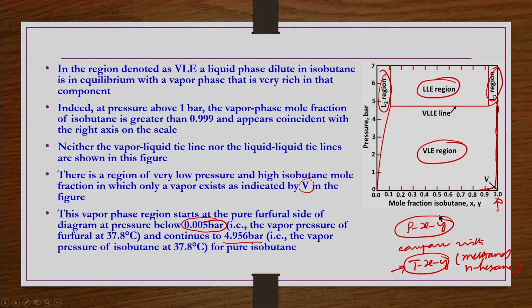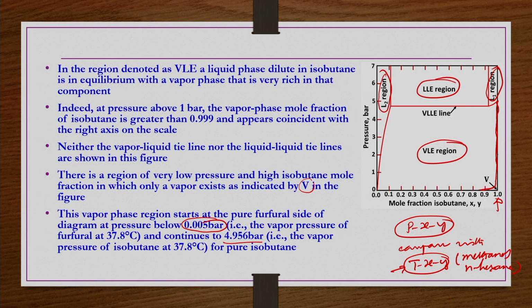But here in this PXY diagram there is no azeotrope at all, because the vapor pressures of isobutane and furfural are very much different from each other. So, though there is non-ideality in this isobutane and furfural system, the vapor pressures of these components are far away from each other. That is the reason there is no azeotrope here, but still we have a kind of VLLE. The straight line which is separating the LLE and VLE regions here is the VLLE line.